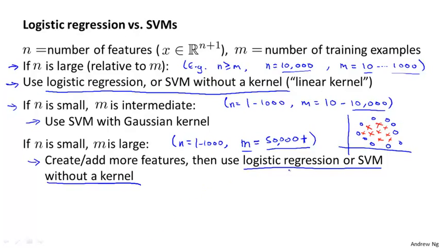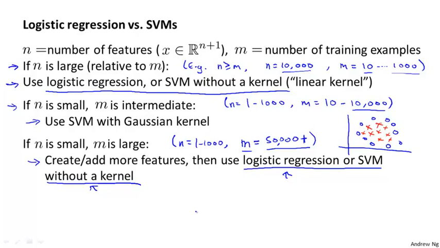Either one will usually do pretty similar things and give pretty similar performance. But depending on your implementation details, one may be more efficient than the other. But where one of these algorithms applies, the other one is likely to work pretty well as well.